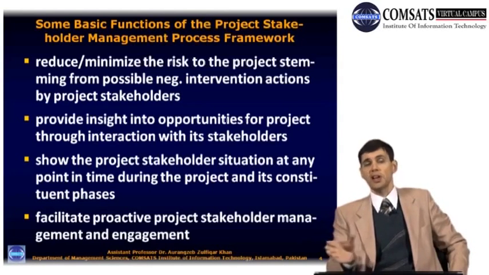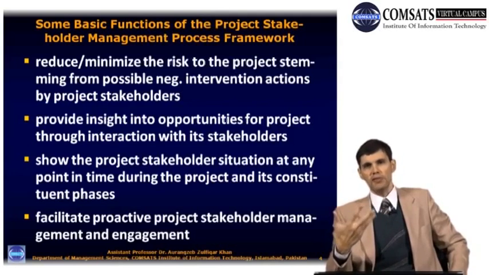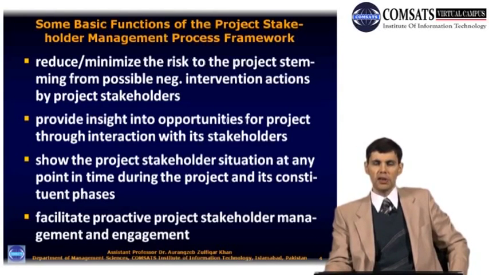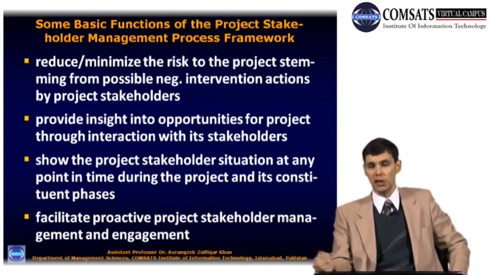So one has to look at all these underlying reasons and factors, and then come up with some kind of strategy, some kind of measures which will reduce the feelings of negativity towards the project and increase the positive feelings with regards to the project. There are processes for that, and this is where this process framework can help minimize the risk to the project, which is good, because the less risk to the project, the higher the chance that it's going to be completed within its given scope, cost, time parameters, as well as to the satisfaction of all its key stakeholders.